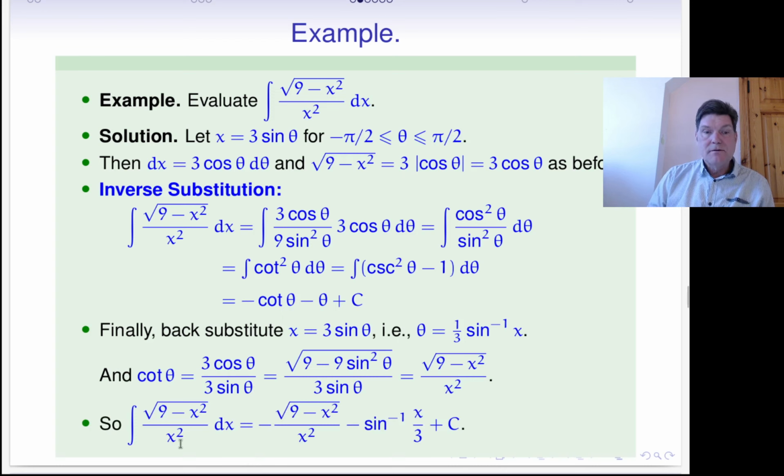And the last case on the list here is the difference of squares the other way around, x squared minus a squared. Here, using the substitution x equals a times sec theta works, because of the identity sec squared x minus 1 equals tan squared x, which is the same as the one above, but applied in a different context here.